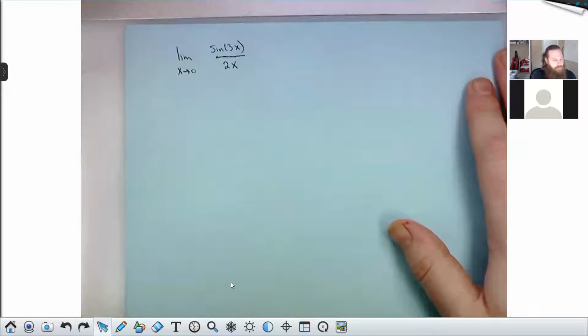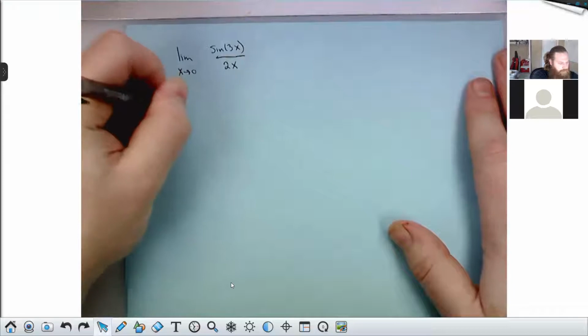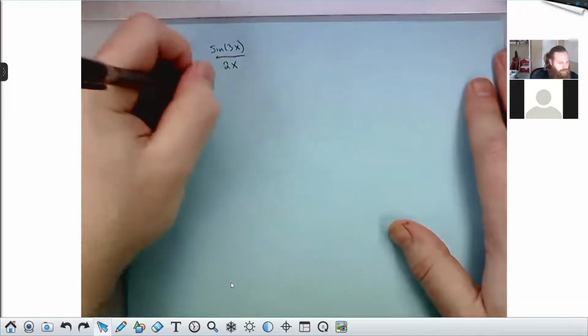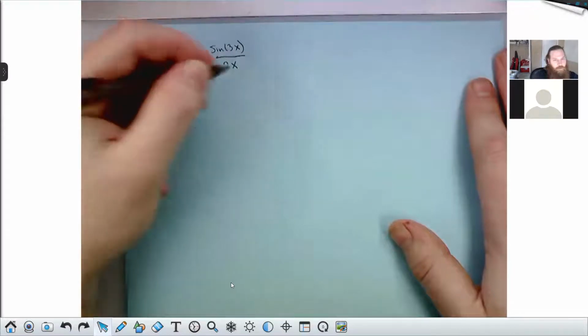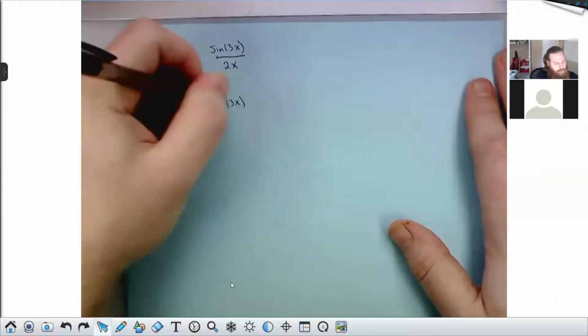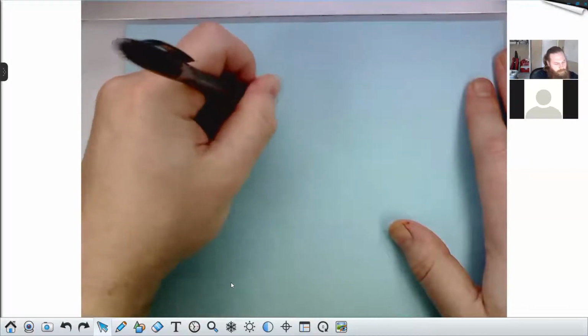Just something like this, where again, we're going to use the sine x over x special limit, but we need to do a little bit of symbol juggling. I really want this to be sine 3x over 3x. So what I'm going to do is multiply by 3 over 3.